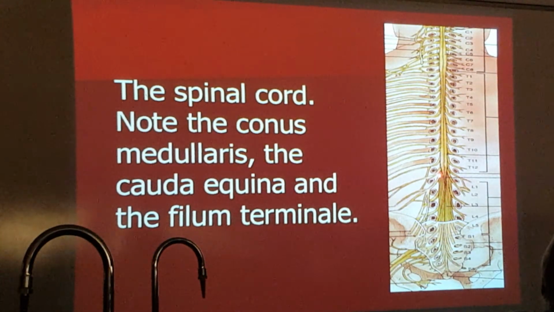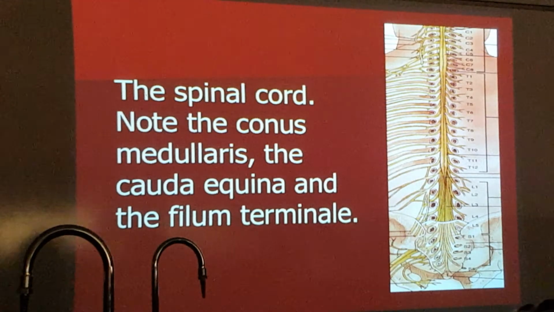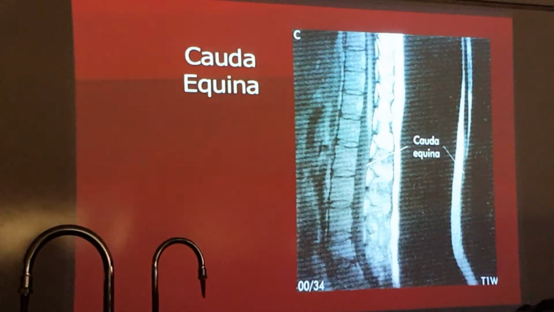So right about L1 is about where the cord ends in the conus medullaris. And then we have cauda equina. And the filum terminale is a connective tissue structure that anchors the cord to the coccyx. So there you can see cauda equina. Right there's the conus medullaris, isn't it?